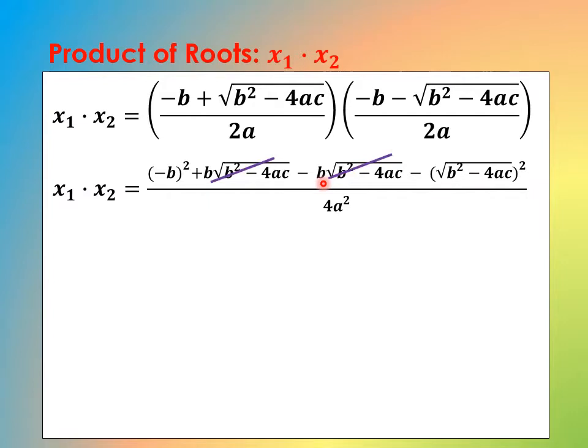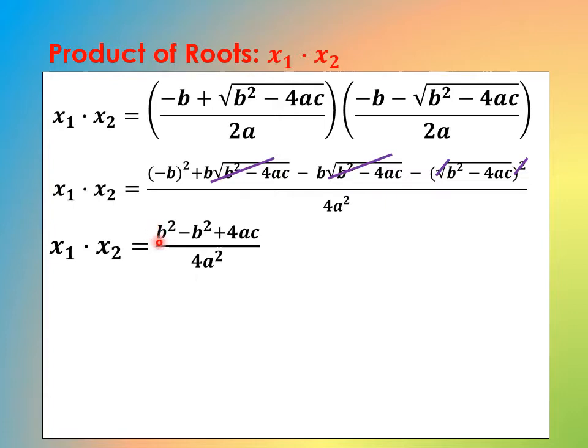Okay? So, matitira na lang is the quantity negative b squared minus the quantity of square root of b squared minus 4ac squared over 4a squared. Okay? So, dito sa part na to, pwede natin siya ma-simplify. So, ang matitira is b squared minus 4ac.